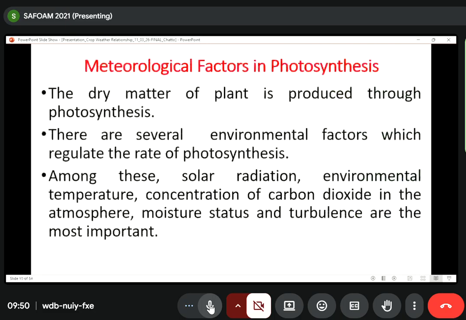Now, the dry matter of a plant is produced through photosynthesis, all of you know. And there are several environmental factors, like solar radiation, environmental temperature, concentration of carbon dioxide, and also the soil moisture status and the turbulence in the microclimate, all very important to get photosynthesis at an optimum level.